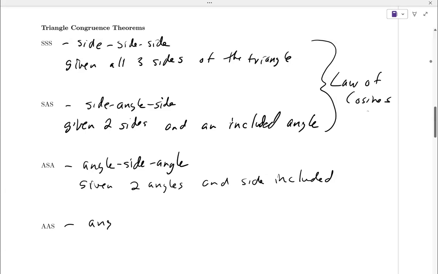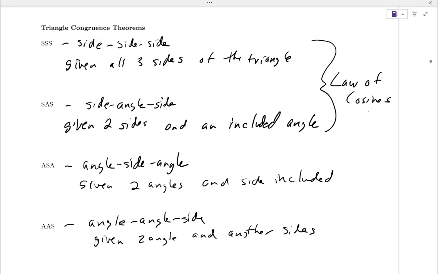This is angle angle side. This is given two angles and another side. Really, these two are the same, because if you're given two angles, you know the third. So if you're given two angles, you can always do angle side angle, right?